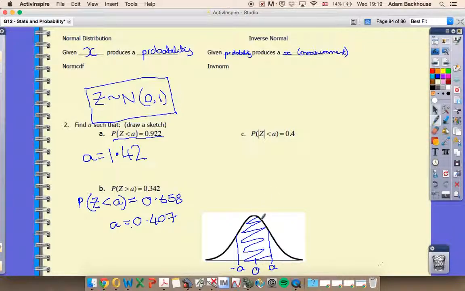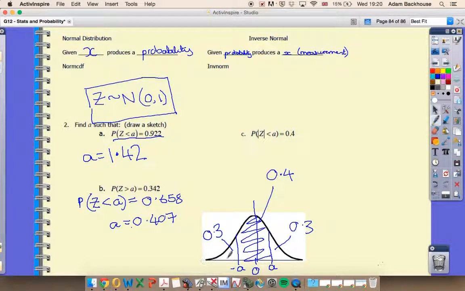So this area is worth 0.4. It's symmetrical, which is good. So I've got 0.2 on either side. I know that this area here must be 0.3 then. So 0.3 and 0.3 would add up to a whole with this area in the middle. So I've got a couple of options.